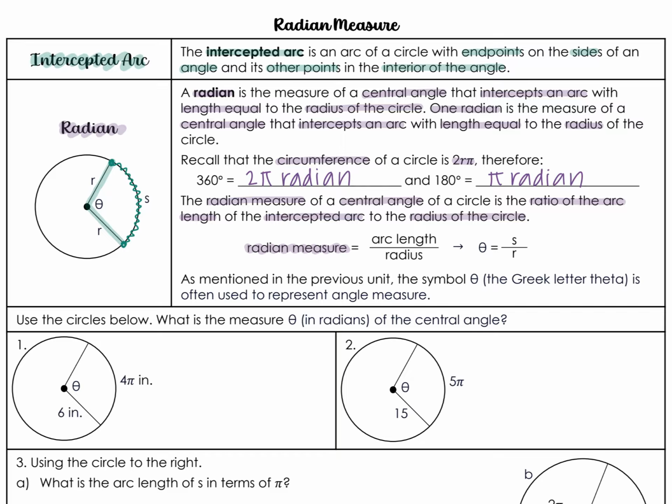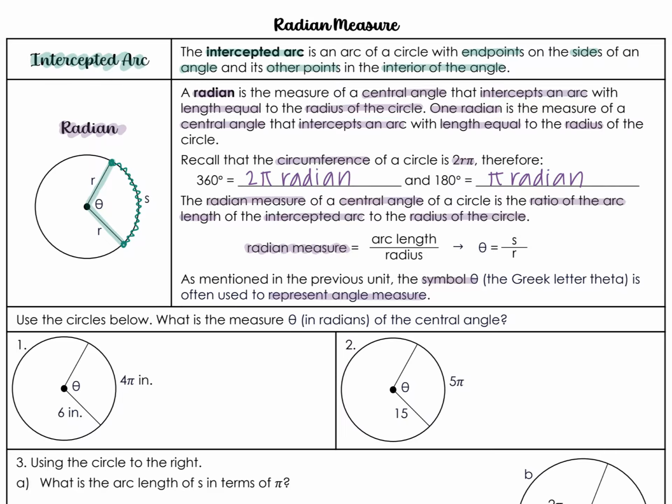And so we commonly use that theta, we mentioned it in our previous unit using trigonometry, to stand for an angle measure, will be equal to, and you will commonly use the letter S for arc length, divided by r, your radius. Once again, we have that symbol theta, which is just going to represent the angle measure.